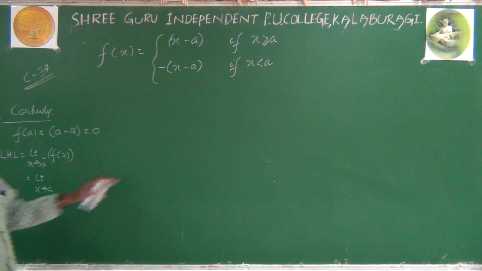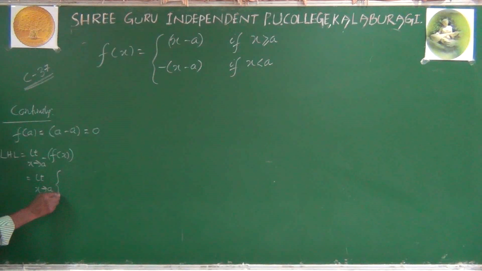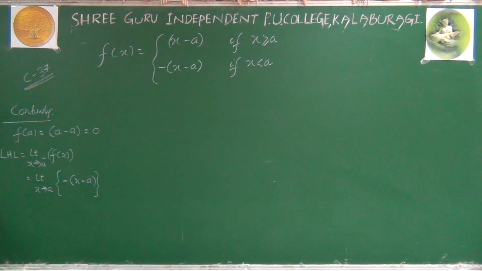Less than a. When x is less than a, function value is minus of (x minus a). Replace x by a because it doesn't become a 0 by 0 form, that is minus of (a minus a), that is equal to 0. This is the left hand limit.